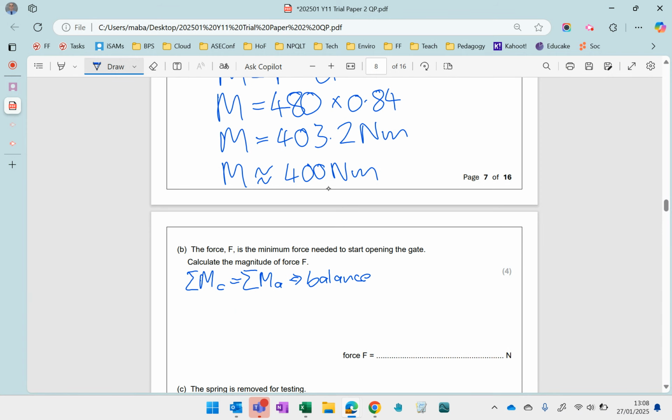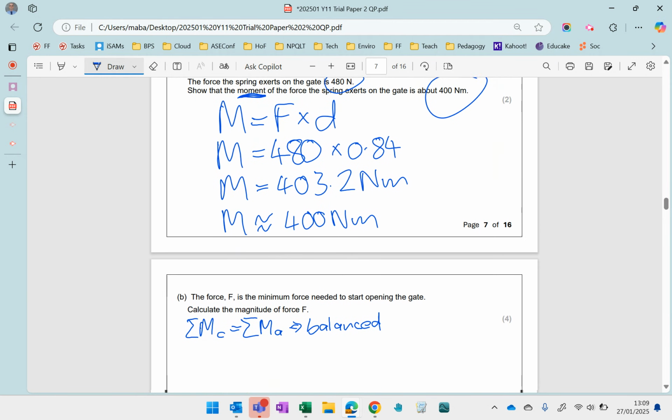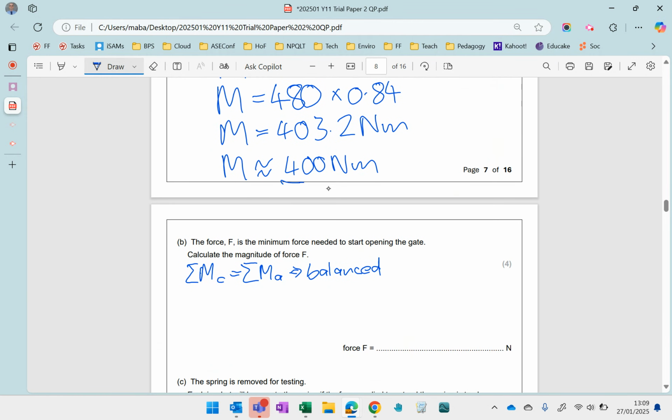In this condition, the clockwise moments are going to be equal to the anti-clockwise moments. We've just calculated the anti-clockwise moments. That's 400 newton meters there. So we know that. And then the clockwise moment is going to be the force times the perpendicular distance from the pivot.